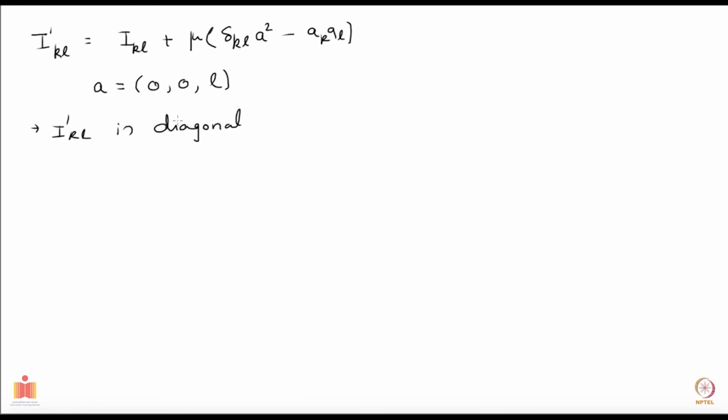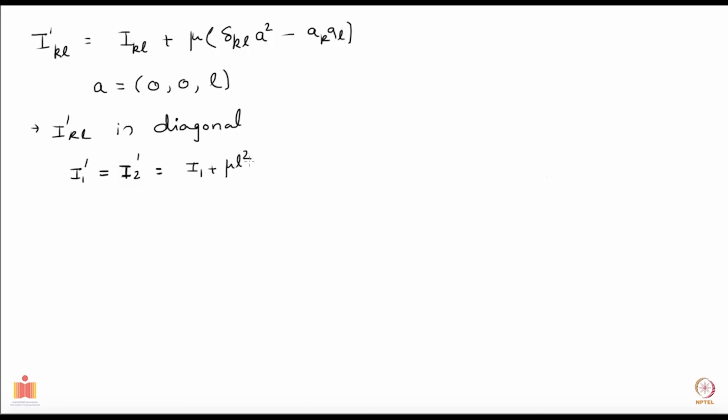So if you move the origin along one of the principal axes, if you keep it on there, it will still remain diagonal. That's one point. And then you would want to know what the diagonal entries are, and I will give you this as an exercise to check. It's fairly trivial. Show that I1 prime and I2 prime, the principal moments of this body, are still the same, they don't become different, and their value is I1 plus mu L square.